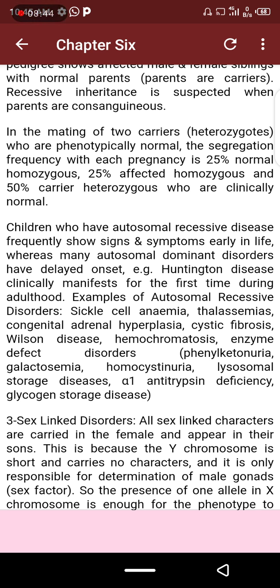Children who have an autosomal recessive disease frequently show signs and symptoms early in life, whereas many autosomal dominant disorders have delayed onset, e.g. Huntington disease clinically manifests for the first time during adulthood.